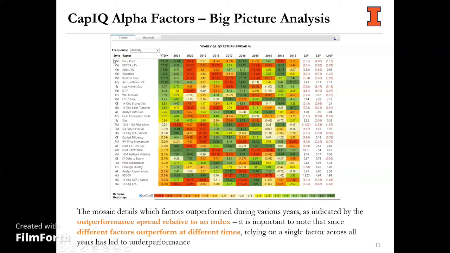What is VAL? That's valuation, in terms of which stocks look cheaper. The market right now is clearly preferring to invest in cheaper valuation stocks as determined by some of these metrics right here.